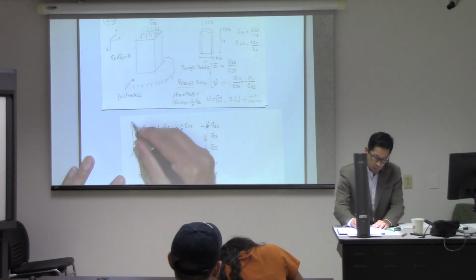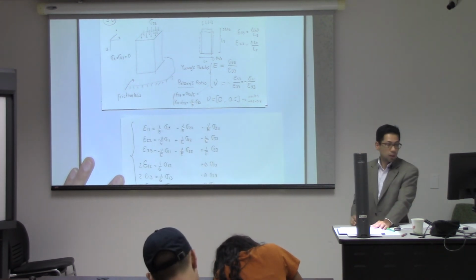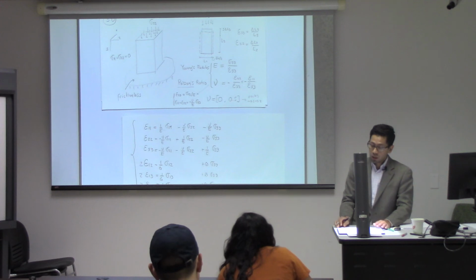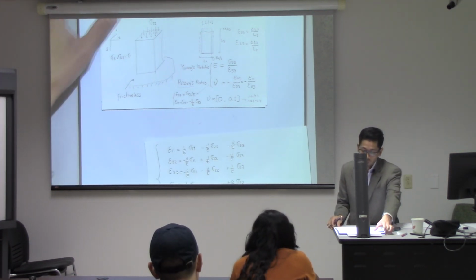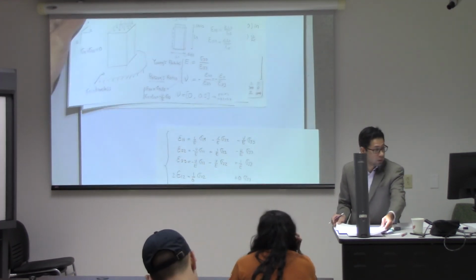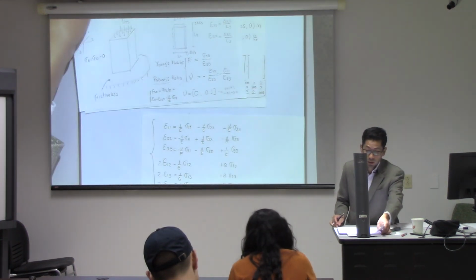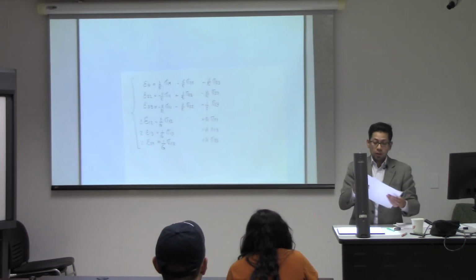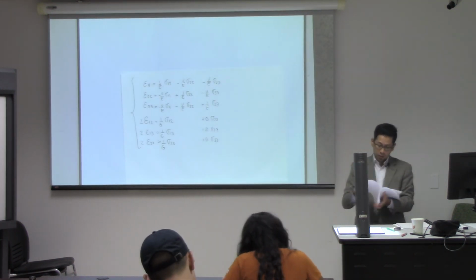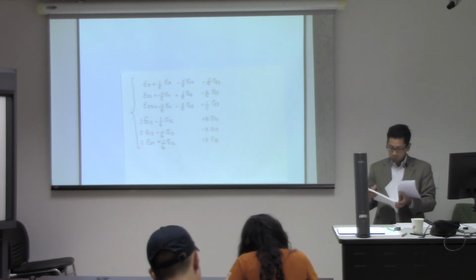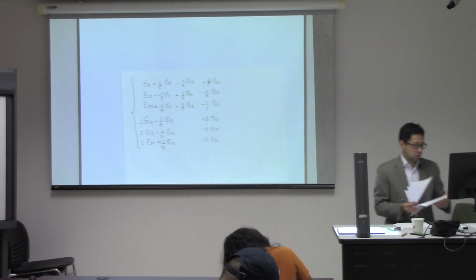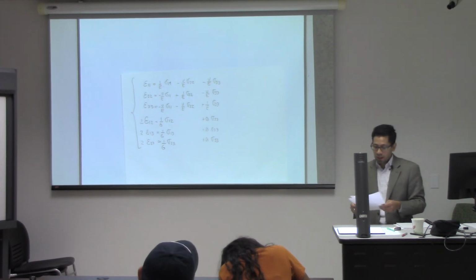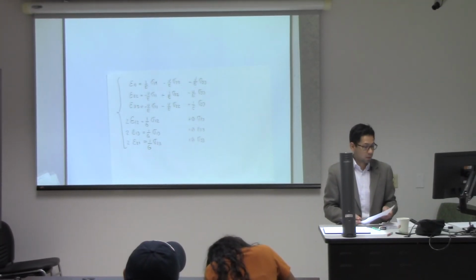And now, those are all equations, 6 equations, in order to find this relationship between stress and strain in 3 dimensions for an elastic linear isotropic solid.